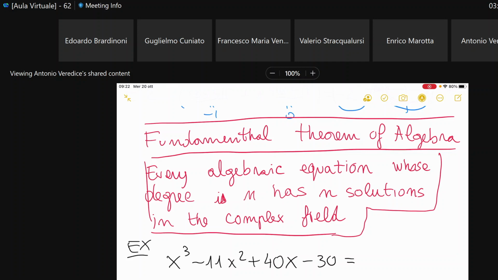Okay. How many solutions does this equation have? If we look for the solution of this equation in R, you can factorize this using the division with the polynomial or Ruffini's rule, and you will find that a solution of this is 1. Okay, if you replace 1, you get 1 minus 11 plus 40 minus 30 is 0.